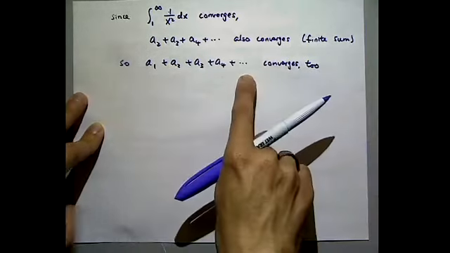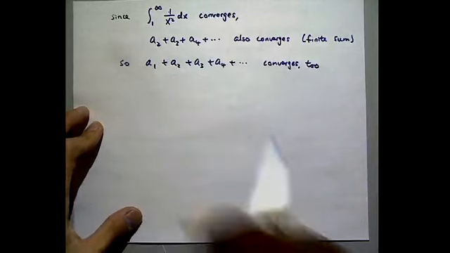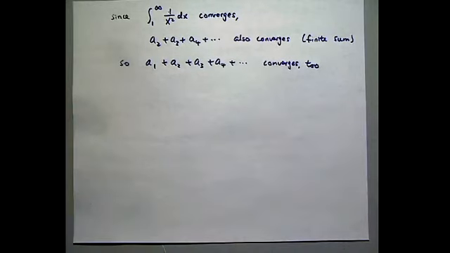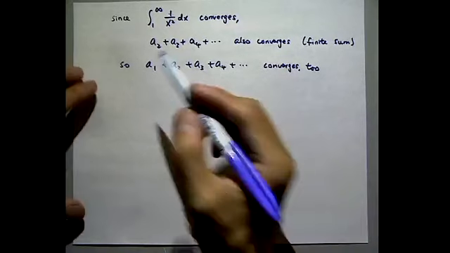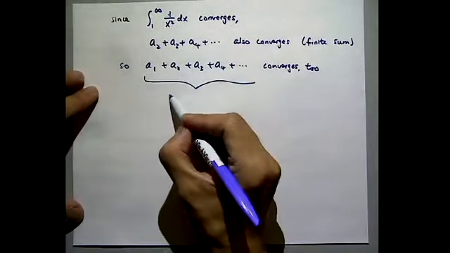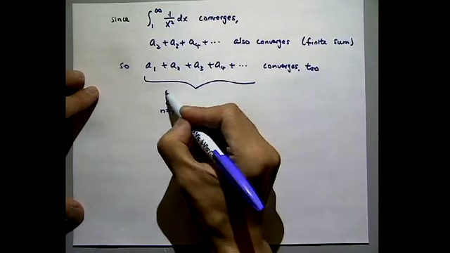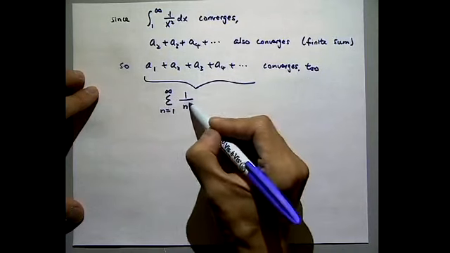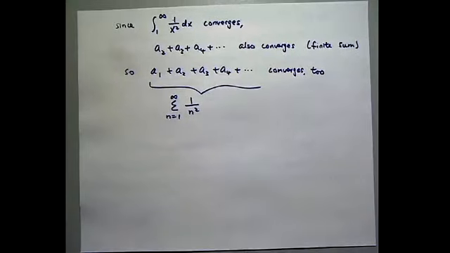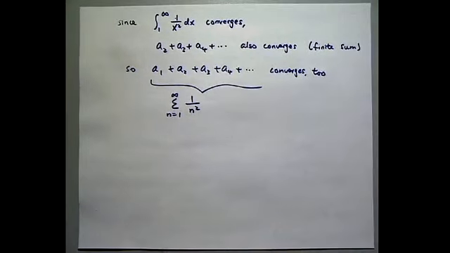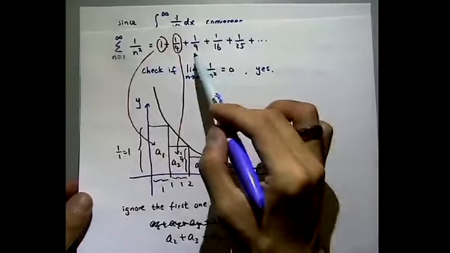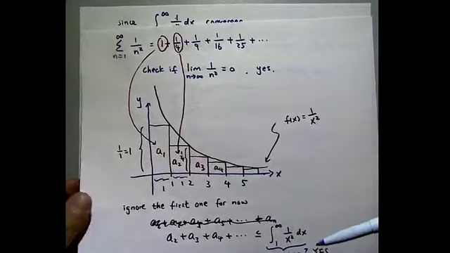So all of that is a finite sum. Adding a finite number, that's another finite sum. And this is what we were looking at in the first place. So therefore, that series that we were looking at, 1 plus 1 over 4 plus 1 over 9, and so on, that converges.